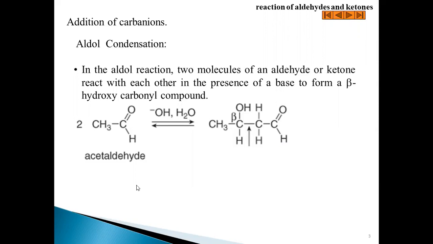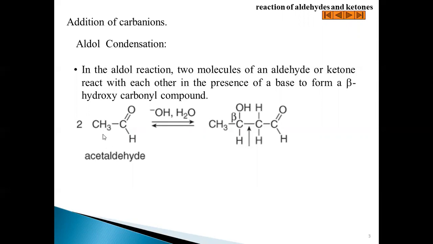Now, as far as this reaction is concerned, two important points are here. Number one is the starting material, that is aldehyde, must possess alpha hydrogen. This is the carbonyl carbon to which another carbon is attached. This is the alpha carbon to which the three hydrogens are attached. So these three hydrogens are alpha hydrogens.